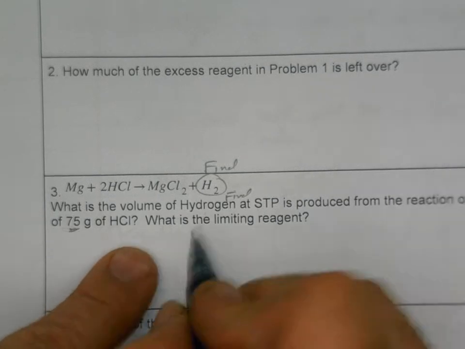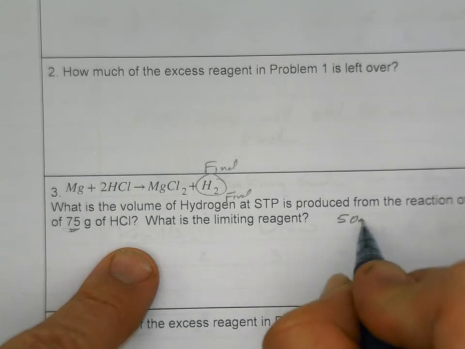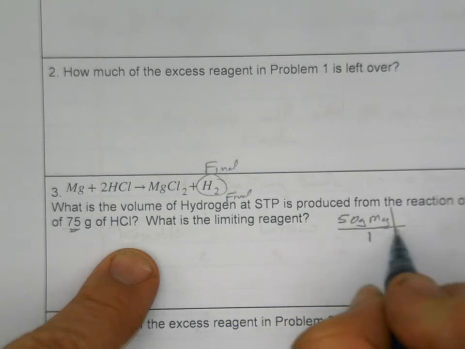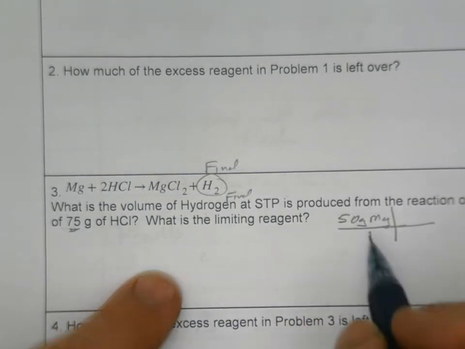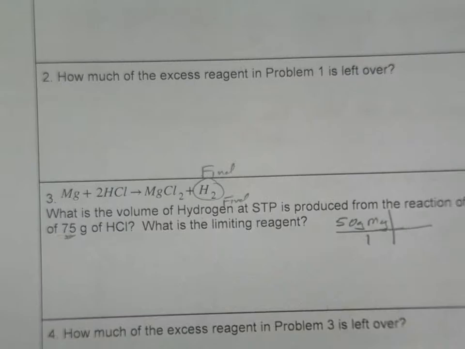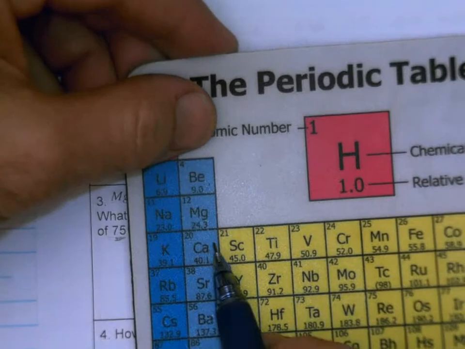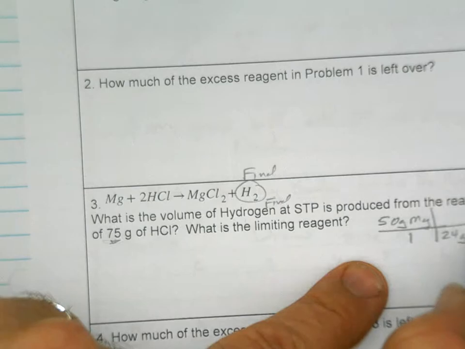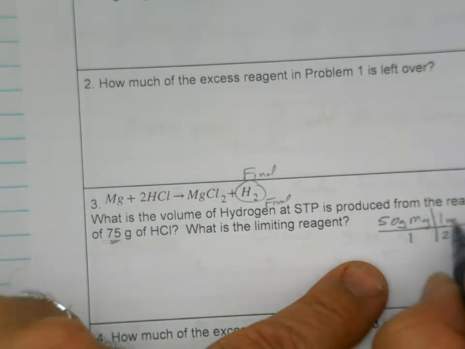Let's see. We've got 50 grams of Mg. I'm going to find out how many moles we have. That's the first step. On the periodic table, we need to know the molar mass of magnesium, and magnesium is 24 grams per mole. 24 grams of magnesium is in 1 mole.